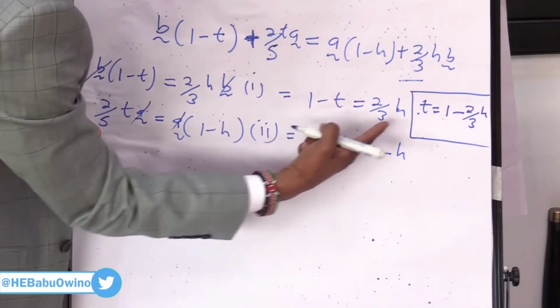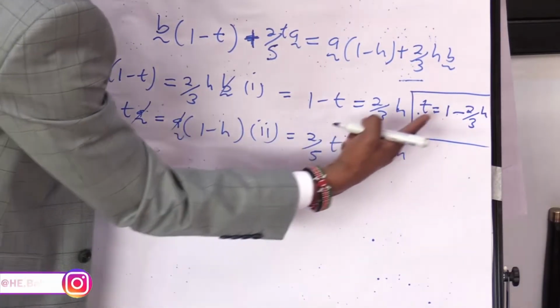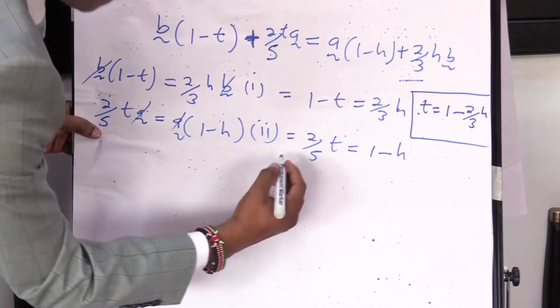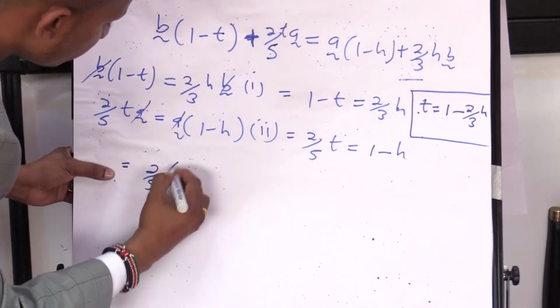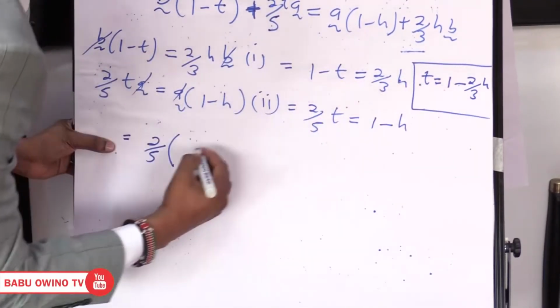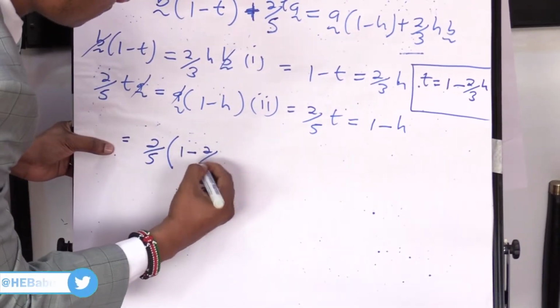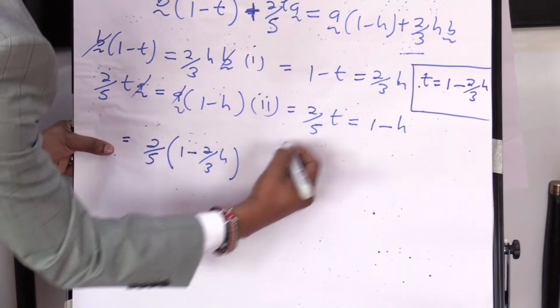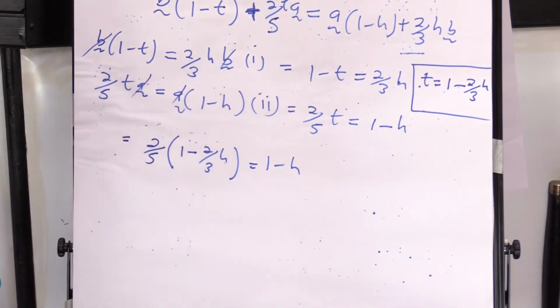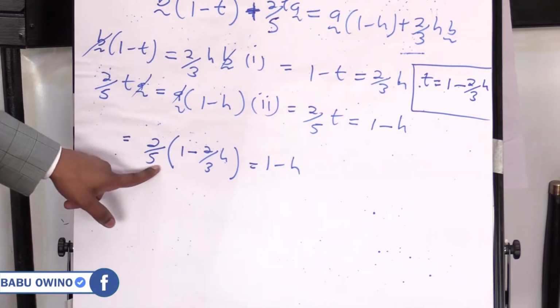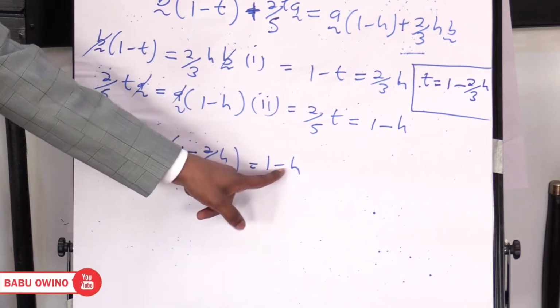So where there is T in the second equation, you replace it with this value. So here we get 2 over 5 of T, but our T here is 1 minus 2 over 3 of H, equals 1 minus H. So when we simplify this, cross multiply both sides by 5.